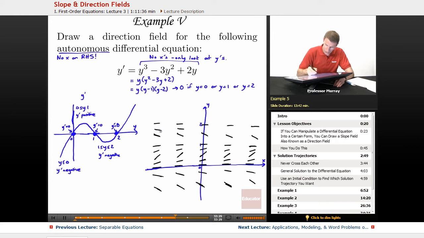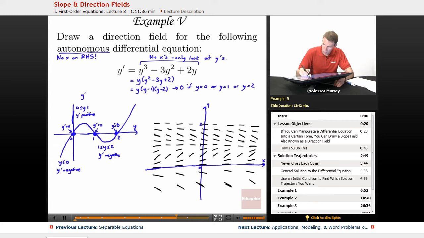Some more gently negative slopes there. Maybe I'll fill in some more of these just so you get a better idea here. Steeply negative slopes.